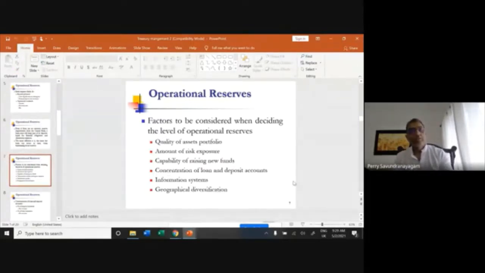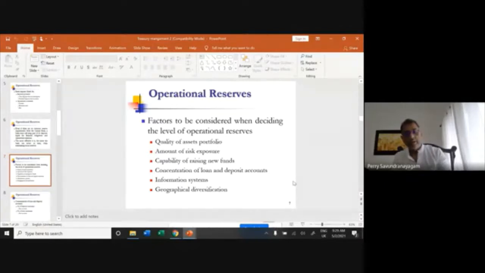So we discussed all this already, but let me just go through it. When you are deciding the levels of operational reserve, in other words what you need for your own operational requirements, you need to figure out a few things.